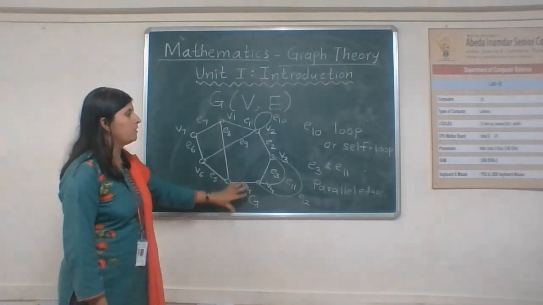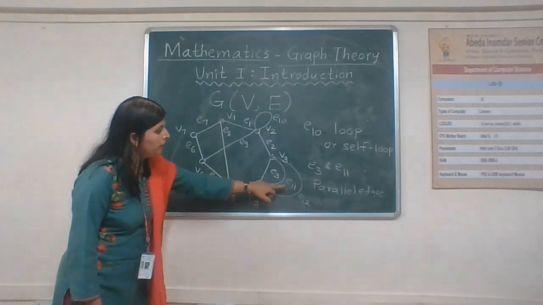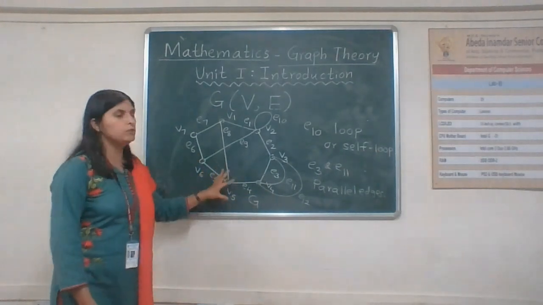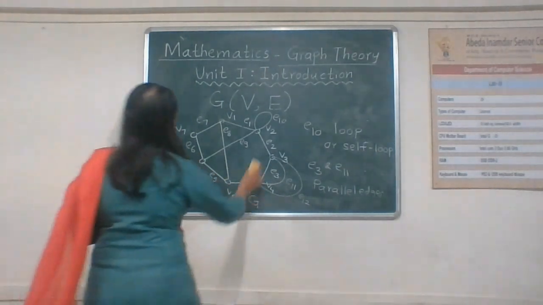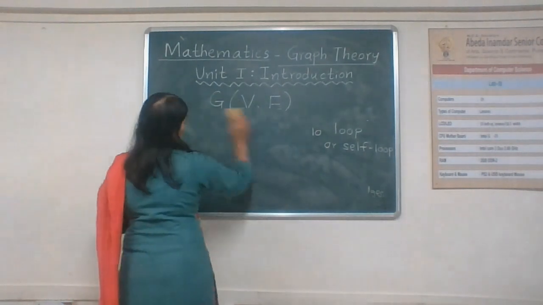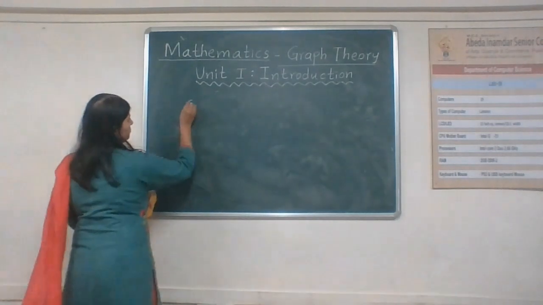Now see this graph G. It contains E10 as a loop and E3, E11 and E12 as parallel edges. So this graph G is a non-simple graph. Now I will draw some more structures here and then we check whether those graphs are simple or non-simple.